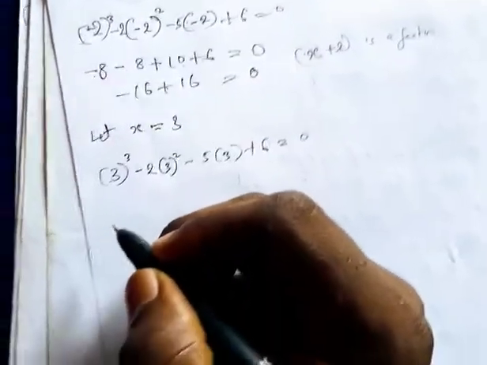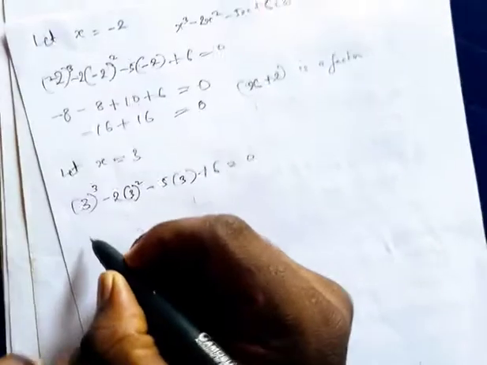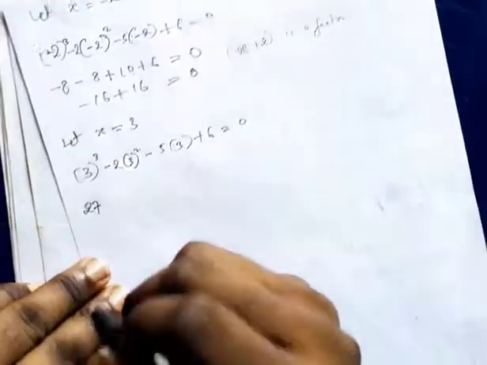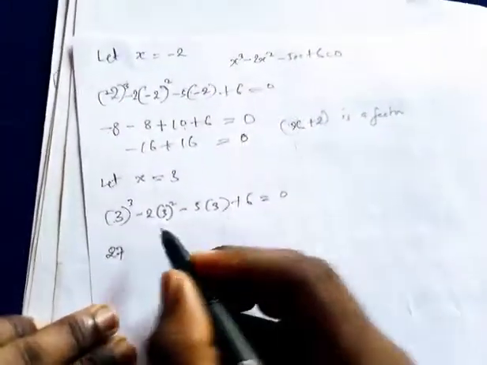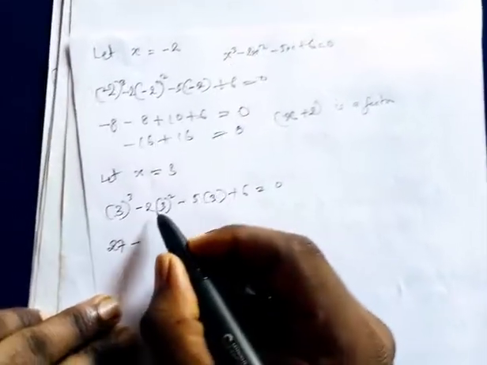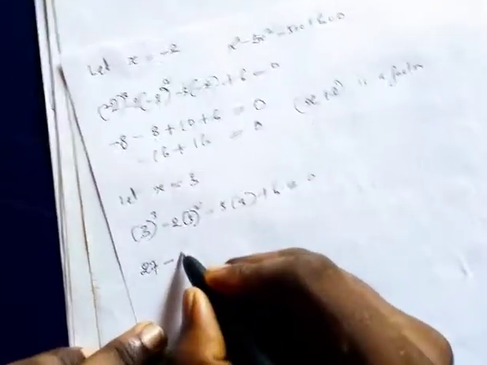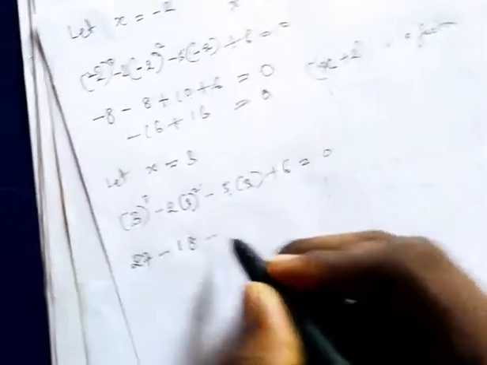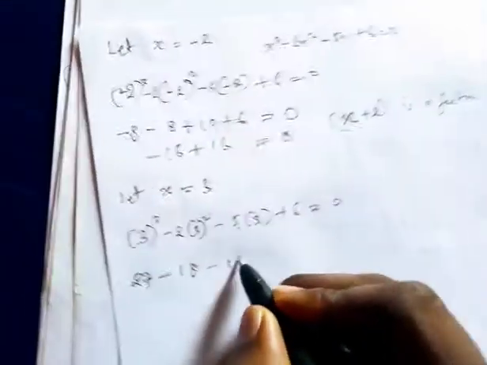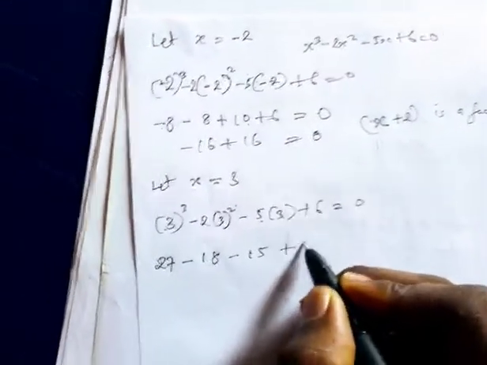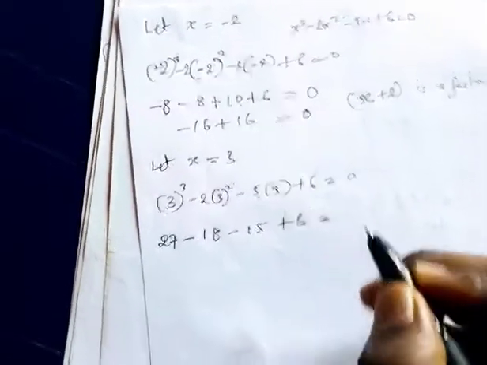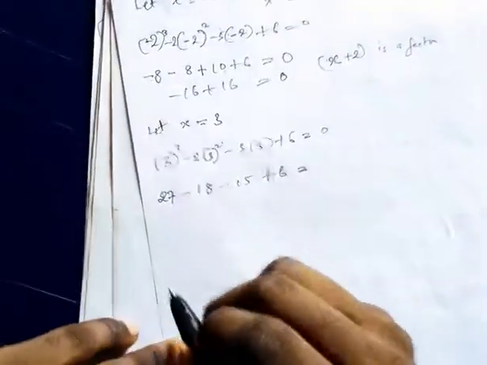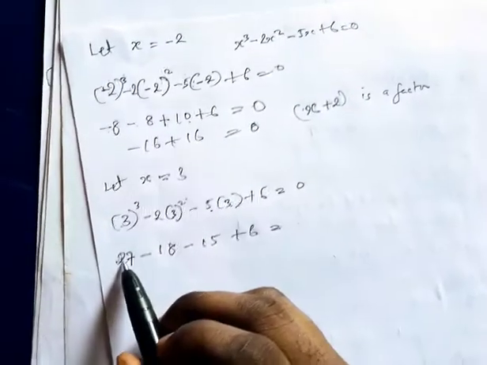Now, 3 cubed will give me 27. Then I will have negative 18. Here I will have negative 15 plus 6 equal to, so let's see if this is equal to 0.